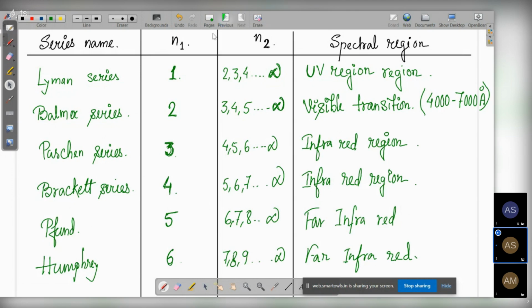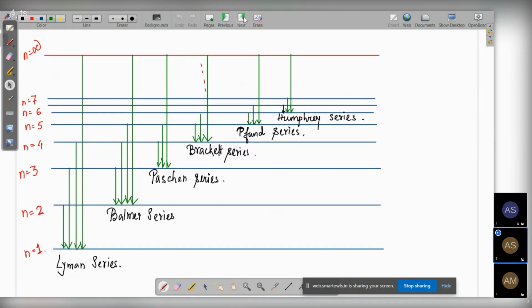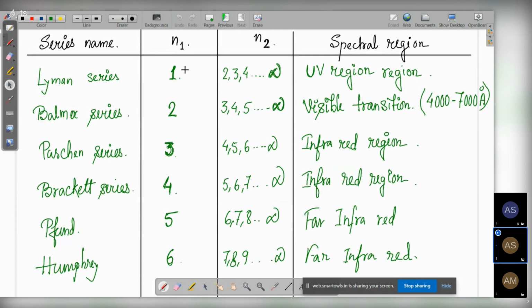Okay, so we have written this in a table-like form. Lyman means n1 is 1, and n2 can be anything from 2 to infinity, which falls in the UV region. Balmer transition is n1 equal to 2, and the value of n2 can be anything from 3 to infinity, and this falls in the visible region.